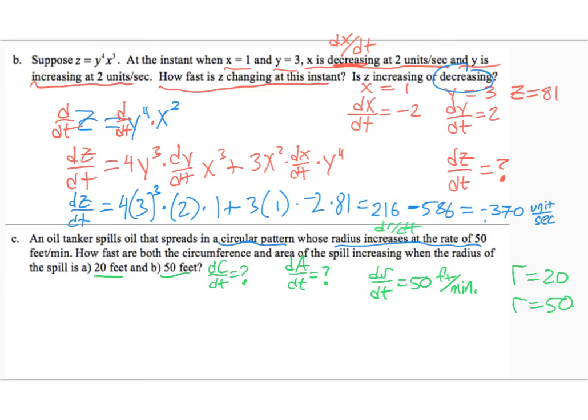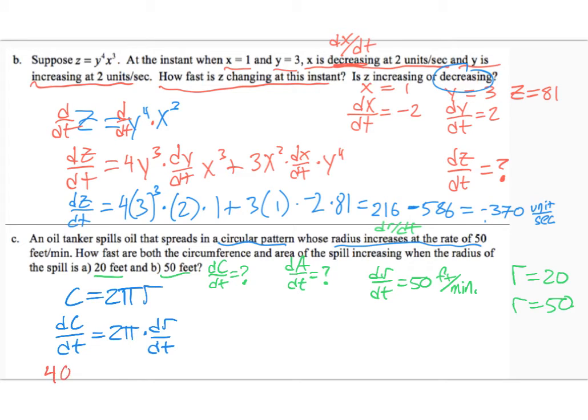Cool. I'm going to go with circumference first, just because that's a little bit of an easier formula for us. So dc dt is equal to 2 pi times 1 times the dr dt. And when I plug those numbers in, we've got two different values.